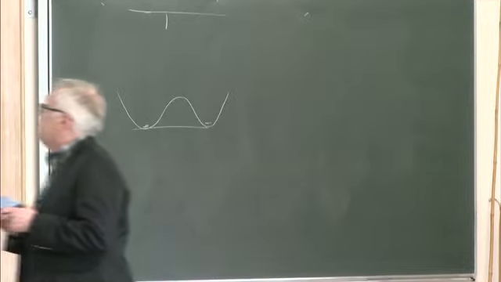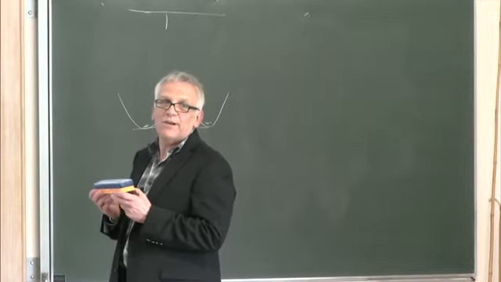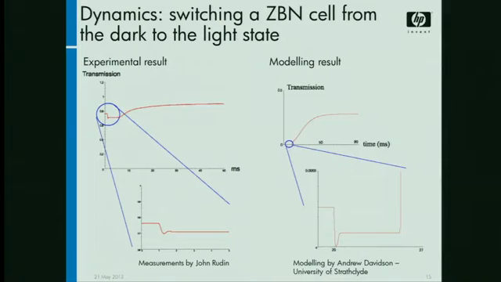This is work done by Andrew Davidson, University of Strathclyde. He's a CASE student with us, and on the left are some experimental results of what we see when we do the switching, and these were the results from his model. It did look as though flexoelectricity could explain what we were seeing. But of course, that's a very coarse model, a very gross approximation.